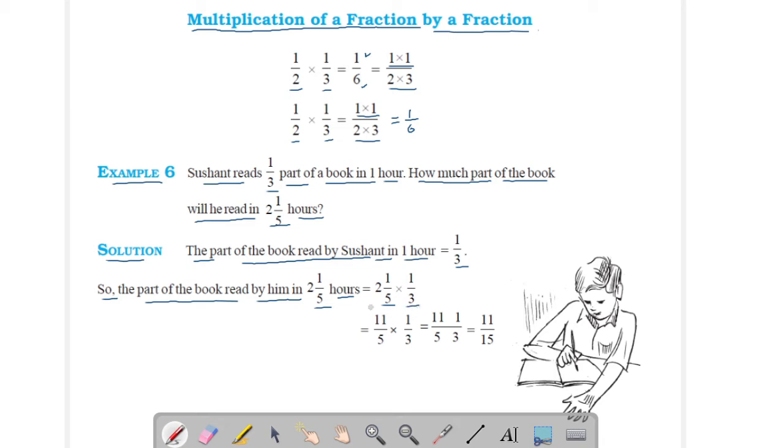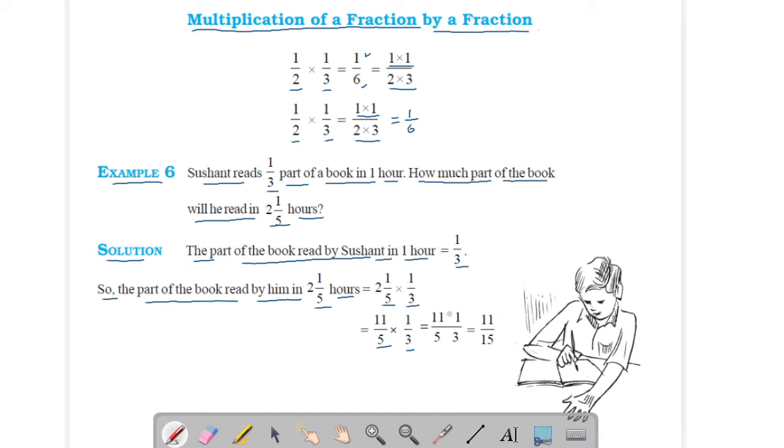1 upon 3. Here convert this mixed fraction into an improper fraction. It will be 2 into 5, 2 fives are 10 plus 1, that is 11 upon 5 into 1 upon 3. Here multiply numerator by numerator and denominator by denominator.